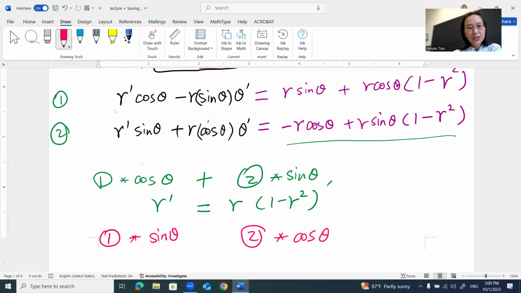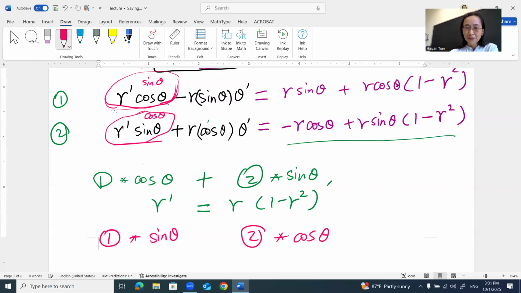See, if the first equation, every term times sine theta, and the second equation times cosine theta, and then we notice the effect of doing that, we will create the terms involving r prime in each equation.